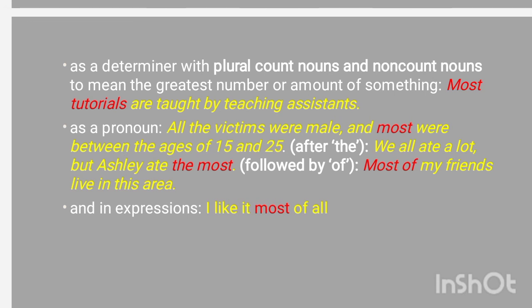Also, most is used as a pronoun when used after the. For example, we all ate a lot, but Ashley ate the most. Most here is used with the, so most here is a pronoun.